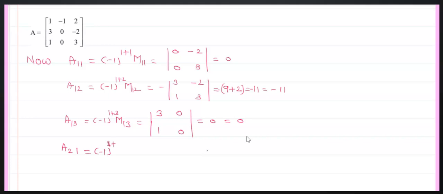A21, that is minus 1 raised to 2 plus 1, M21, that is minus 1, 2, 0, 3. Solve this, it is minus 3. Minus minus will become plus, minus in bracket minus 3.